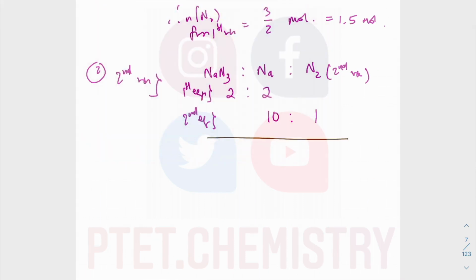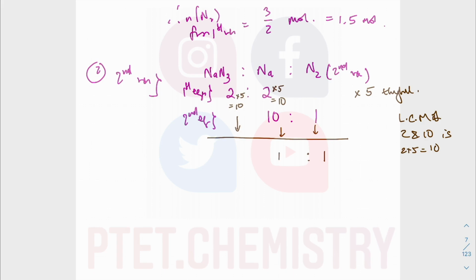So you need to multiply this by 5 throughout, because the LCM of 2 and 10 is 10. 2 times 5 is 10. So you multiply this by 5, that gives you 10. Multiply this by 5, that gives you 10. Bring that down, and bring that down. The 1 doesn't change. Now both of them become 10 and 10, so I can just equate them as 10.